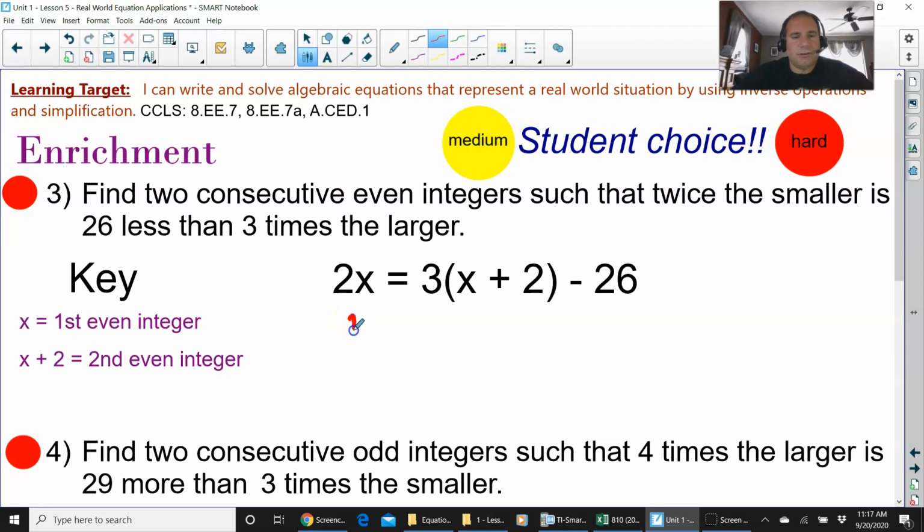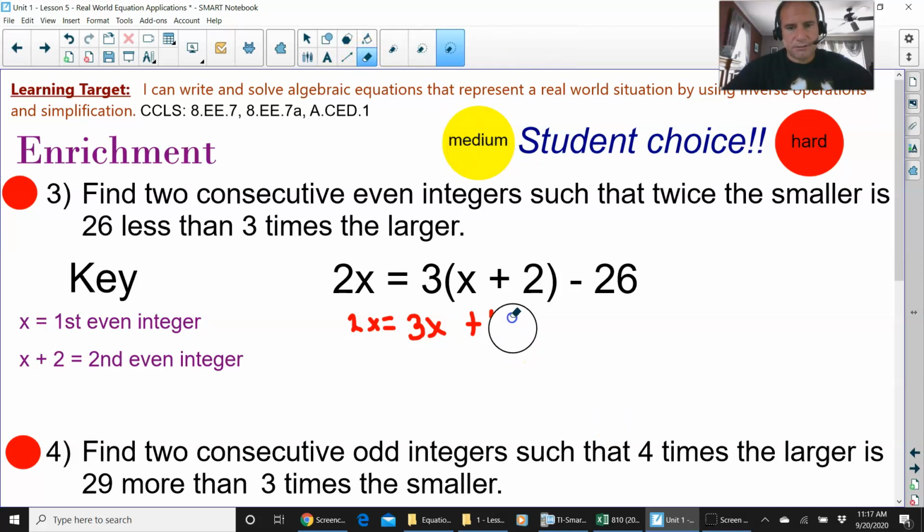So you would just go ahead and put 2x down, just bring that down, and then equals 3x plus 6. And these are enrichment problems. These are very difficult, very challenging problems here.